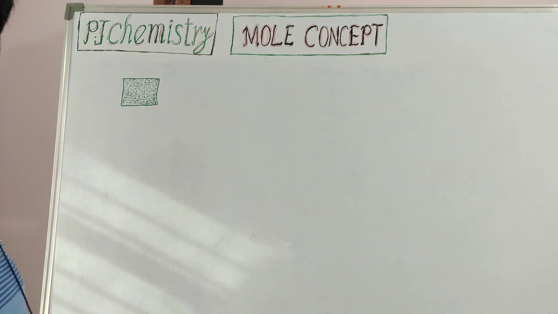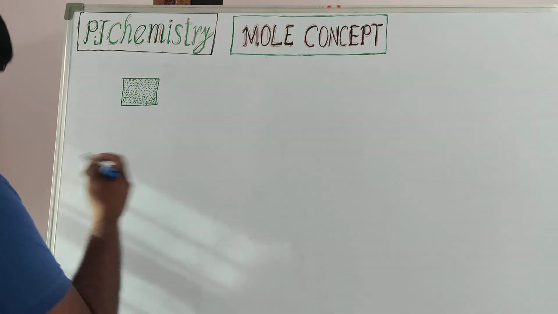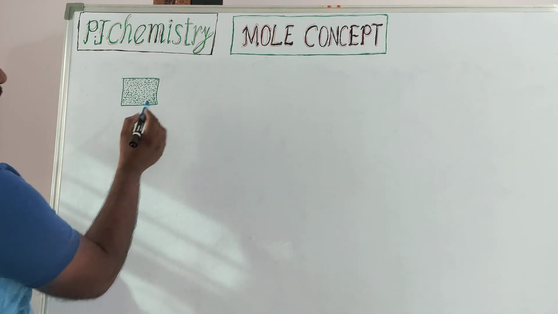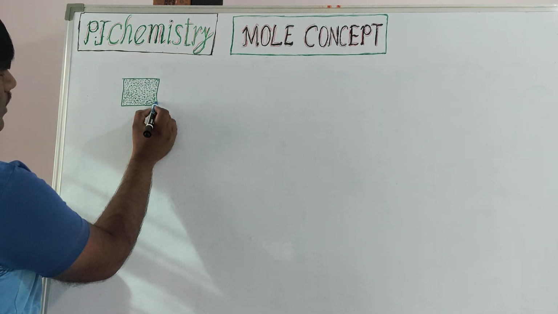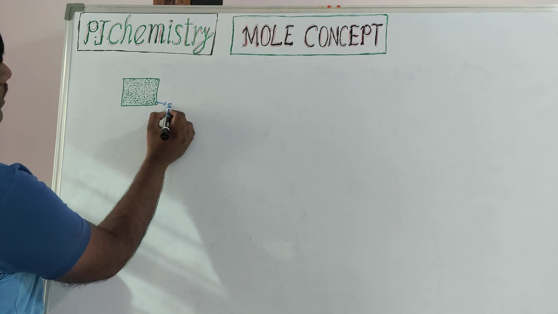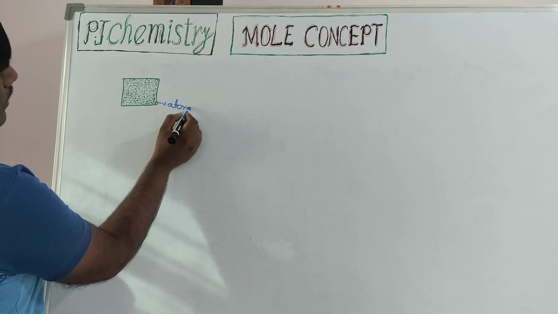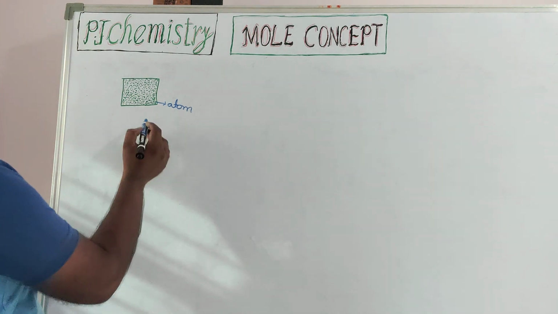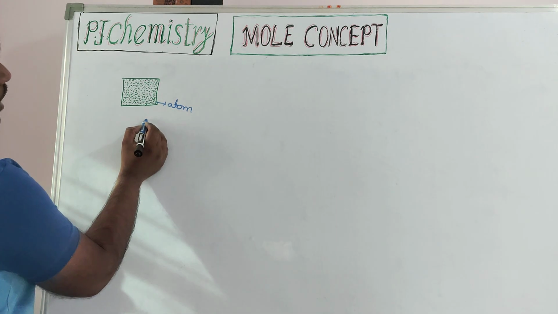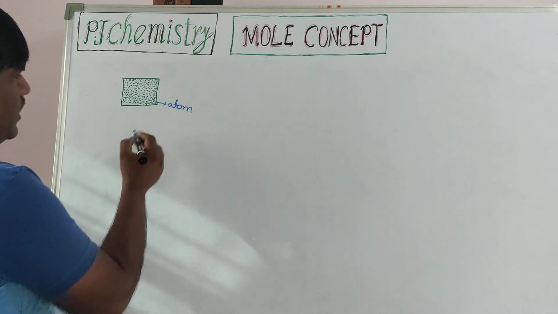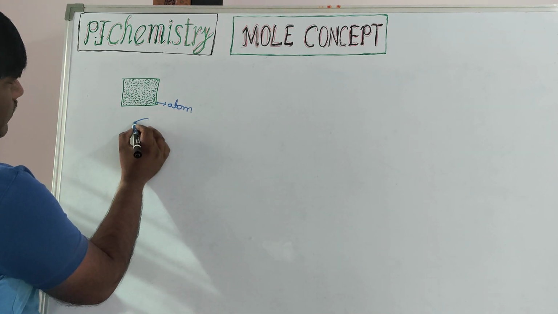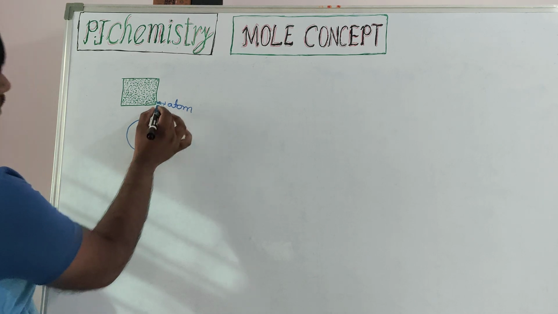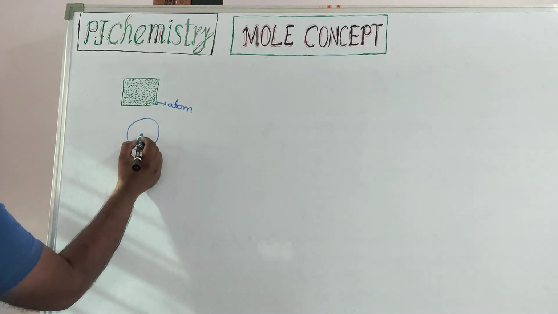Now here, this element is made up of the same kinds of atom. Atom is nothing but a small particle of the element. That small particle, as per our convenience, I am taking like this. This is one of the small particles from the element.